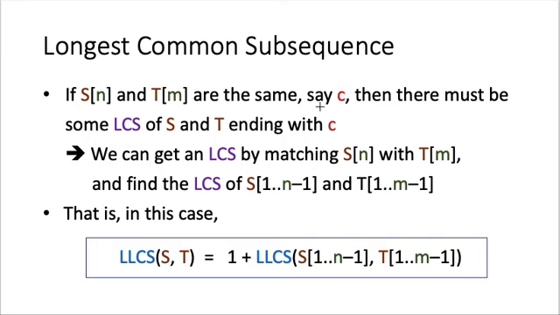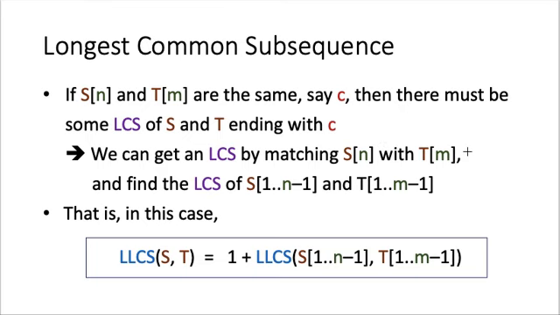Now, once it is known, in that case, we can always convert any LCS of S and T in a way such that we are always using the subsequence ending with S of N and T of M. So I will leave this for you to formally figure out why this is true.